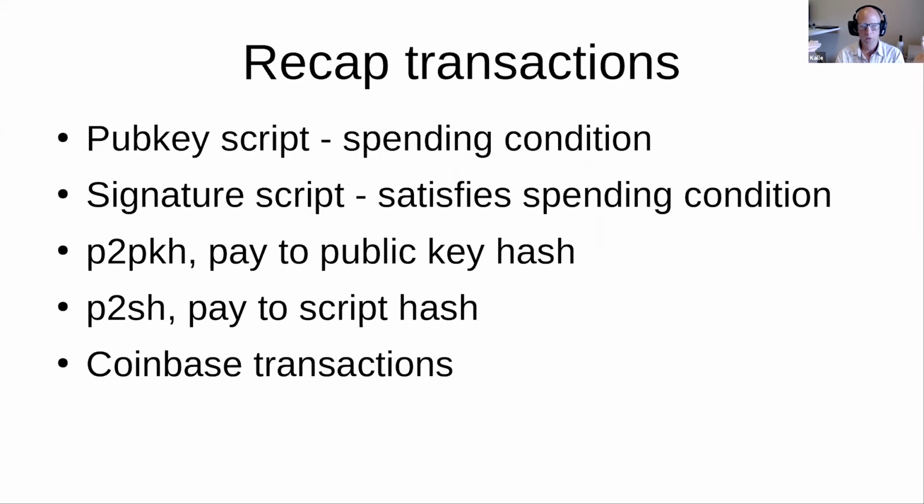And then we have pay to public key hash, which is the legacy address format. We talked about that yesterday. And we talked about pay to script hash today, where you can do more advanced things. And finally, we talked about the coin-based transactions that Lisa uses to reward herself.